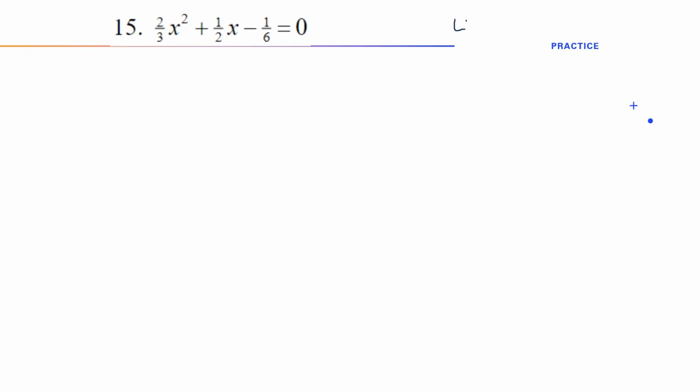In this case, it is 6. Or you just multiply by 2 over 2 for the first term, 3 over 3 for the second term, and keep this last term as it is, right?